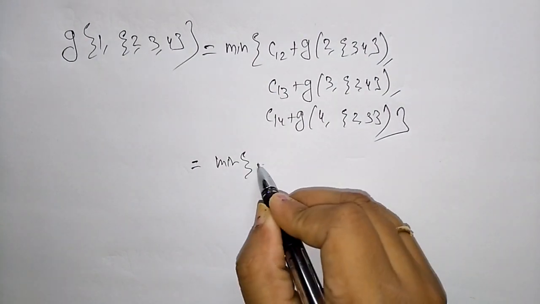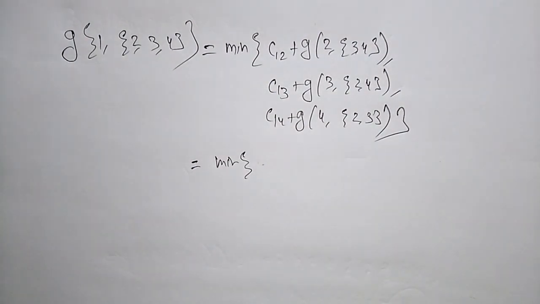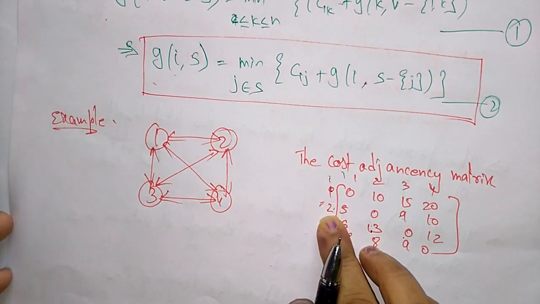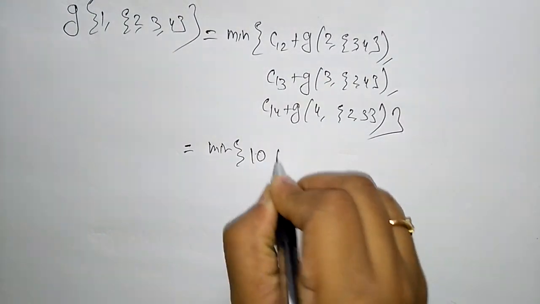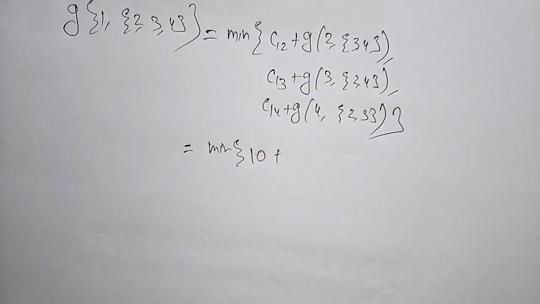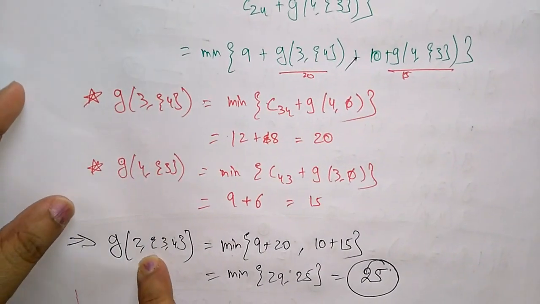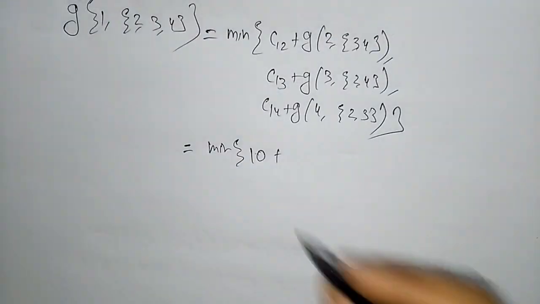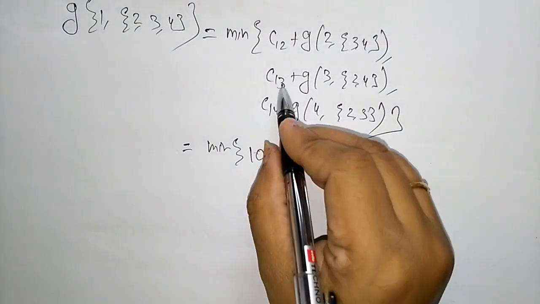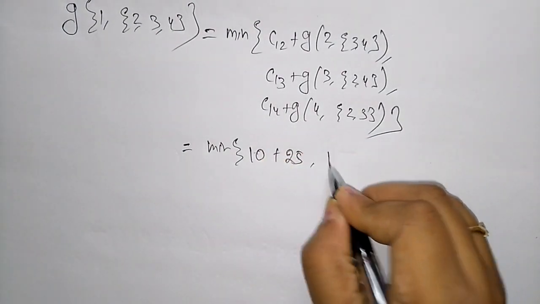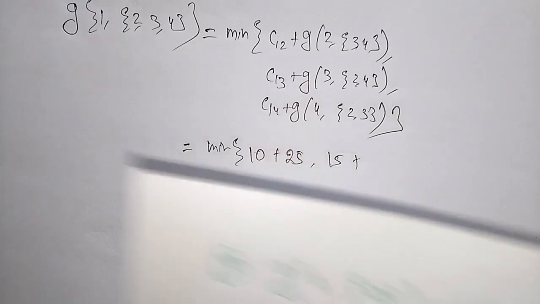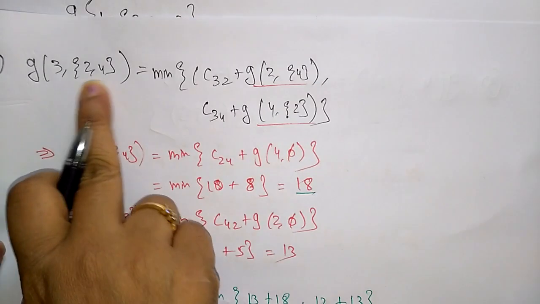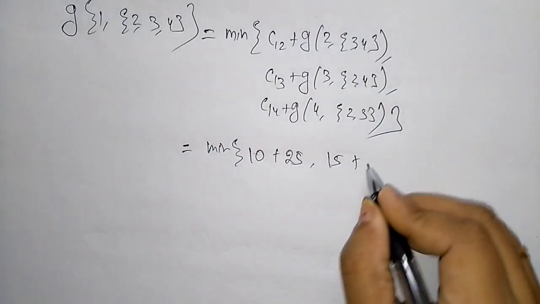What is C12? From the given adjacency matrix, C12 is 10. So substitute 10. And g of 2 comma 3 comma 4 is 25, so substitute 25. The next, C13, is 15, and the value of g of 3 comma 2 comma 4 is 25, so substitute that.